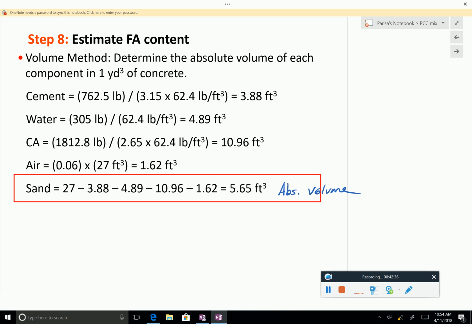You need to calculate the weight at SSD condition, oven dry, and air dry.